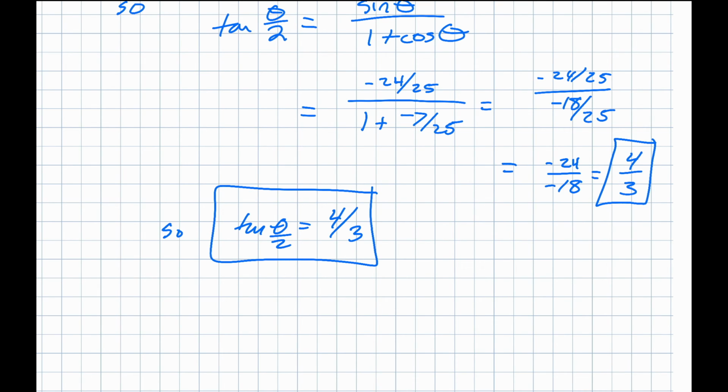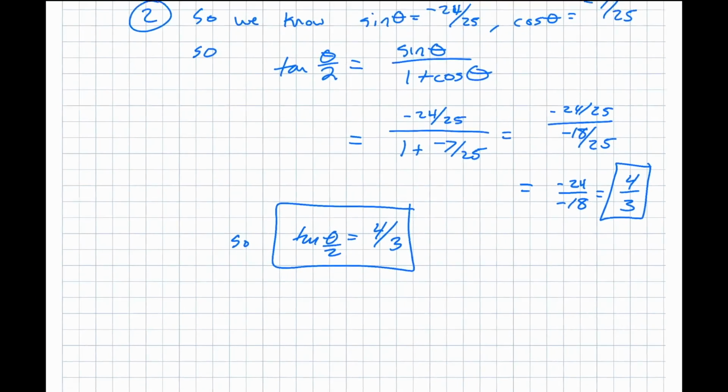Okay, and that's how you do those. And then just one last thing, because I think it's a little bit tricky. So this is just extra here. Suppose theta is in, let me say, quadrant 4.